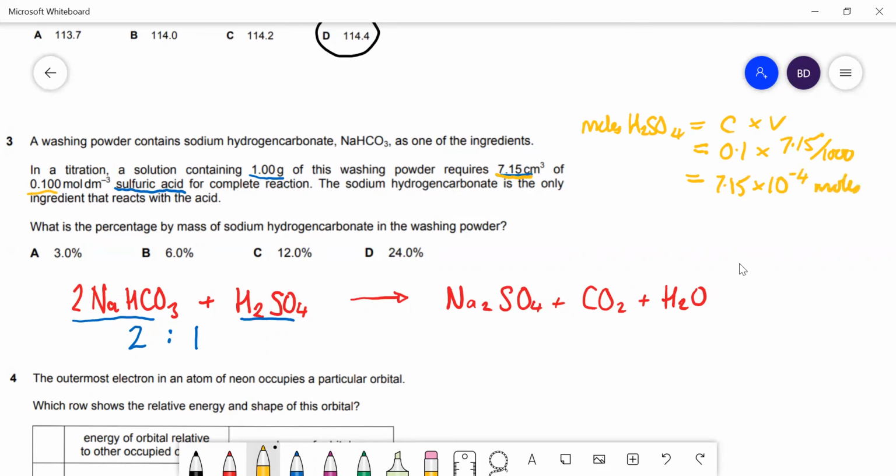And as we said earlier, it is a 2-to-1 ratio of sodium hydrogen carbonate to sulfuric acid. So for moles of hydrogen carbonate, we've got to double that, times 2, which gives us 1.43 times 10 to the minus 3.